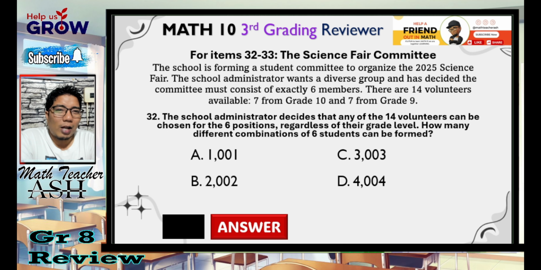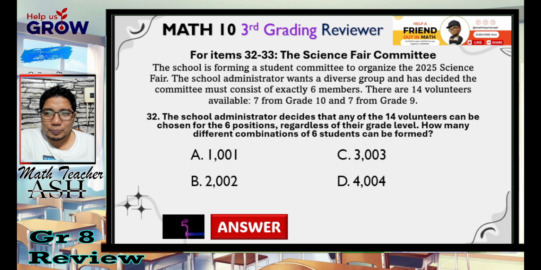The school administrator decides that any of the 14 volunteers can be chosen for the 6th position, regardless of their grade level. How many different combinations of 6 students can be formed? Is it A, 1001, B, 2002, C, 3003, or D, 4004? I'll give you 5 seconds to think about your answer.